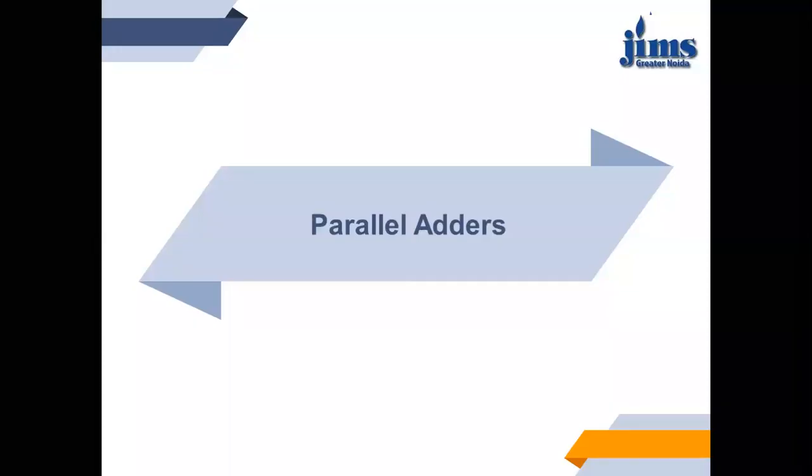So the parallel adder comes into place when we have to add two numbers with n number of bits. Because as far as what we have studied so far, half adder adds 2 bits, full adder adds 3 bits. So let us discuss how the process is done for the parallel addition.